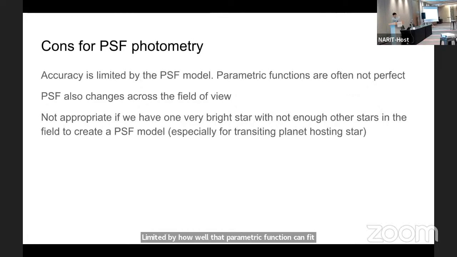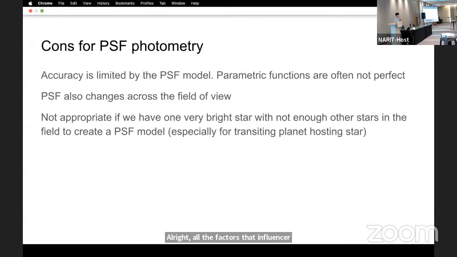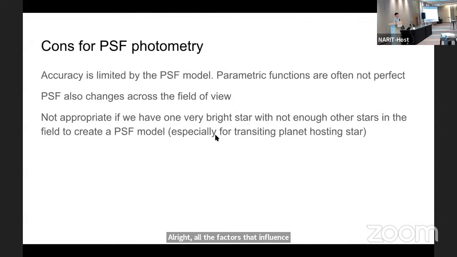Because of all the factors that influence the shape of the PSF, that's not really a good way to perfectly capture all of the little features you see in a PSF.